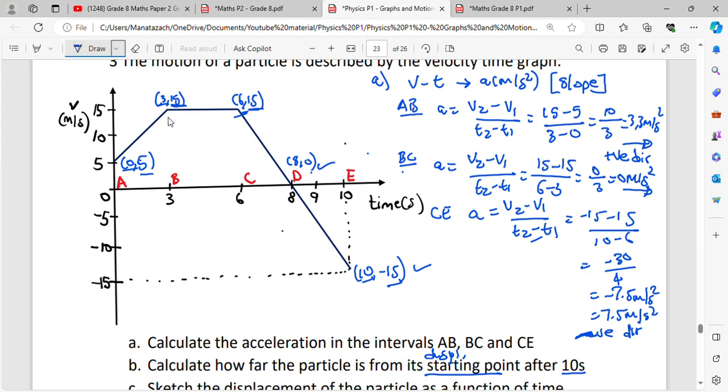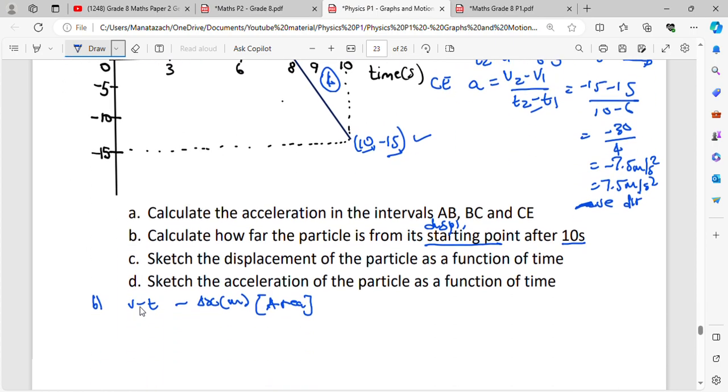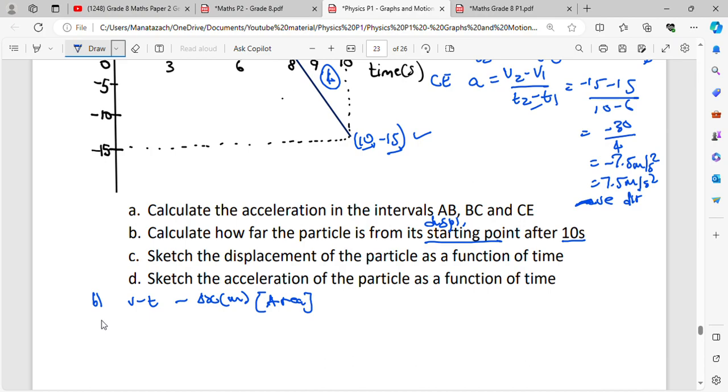Let's divide this between A and B and C and D, and so divide into four areas. Now for area 1, you can call it change in x1.